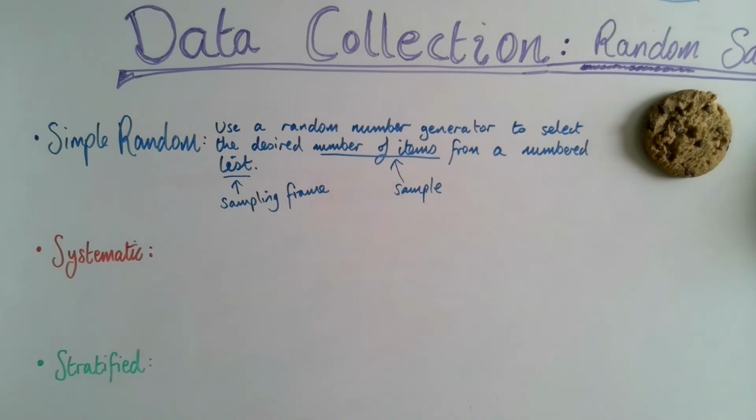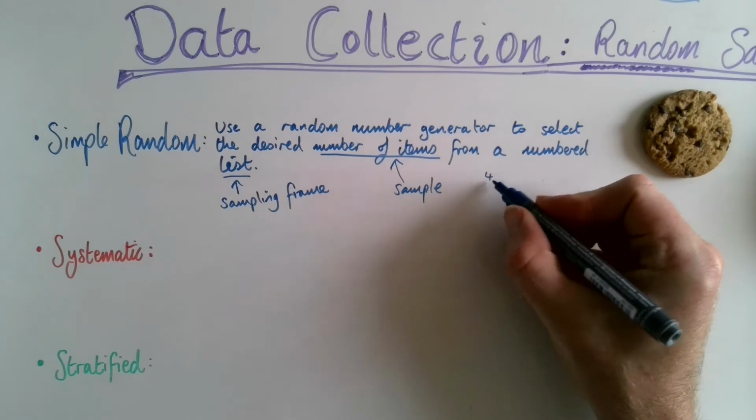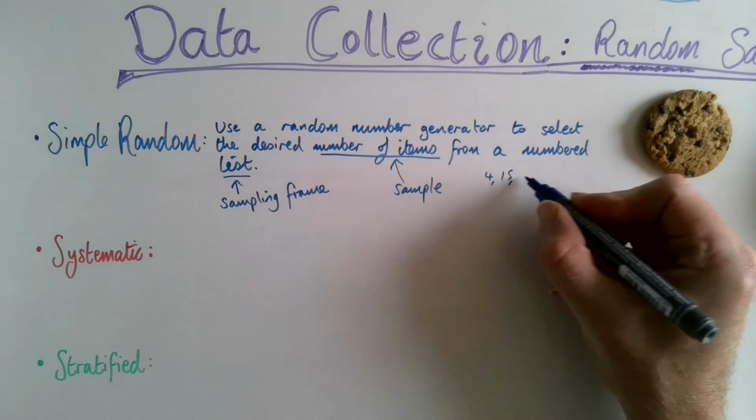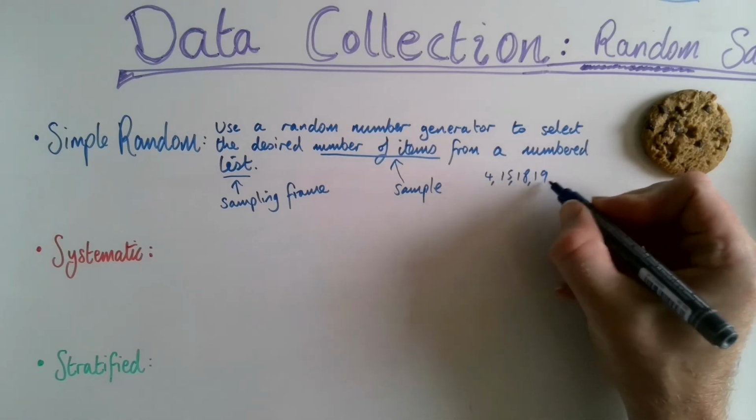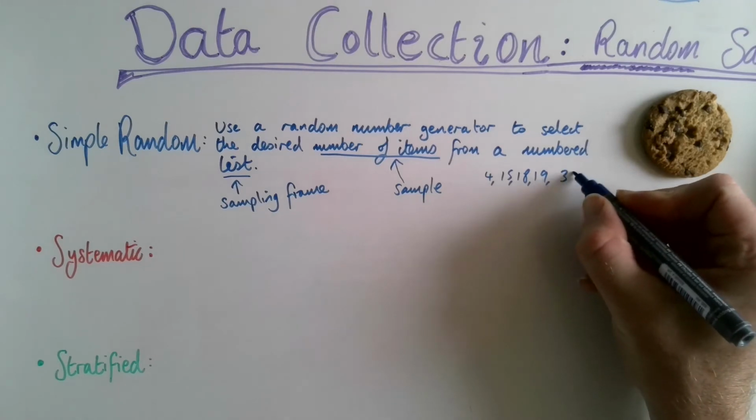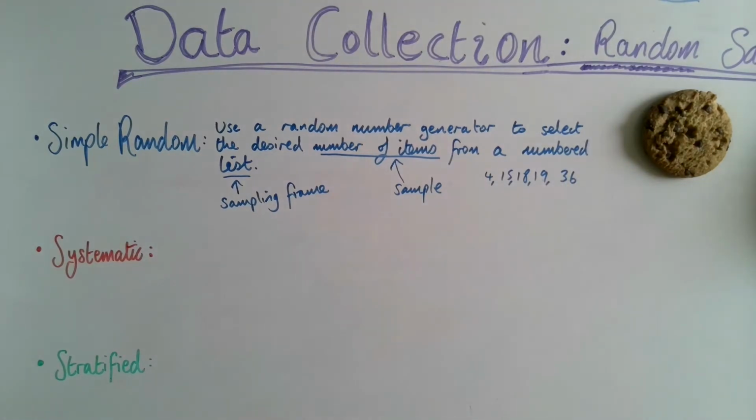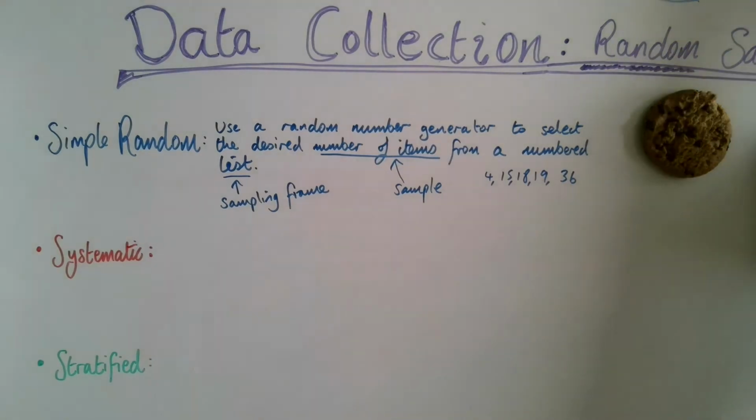So if my number generator had given me, I don't know, 4, 15, 18, 19 and 36 as my 5 cookies, you may notice that 3 of those have ended up being quite closely lumped together. So what a systematic sample looks to do is to get rid of that possibility of clumping together.